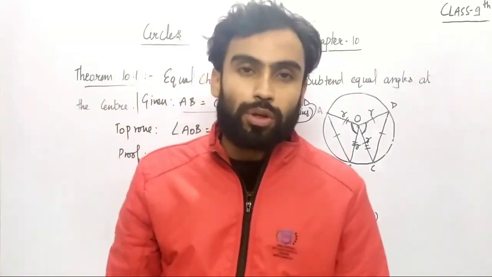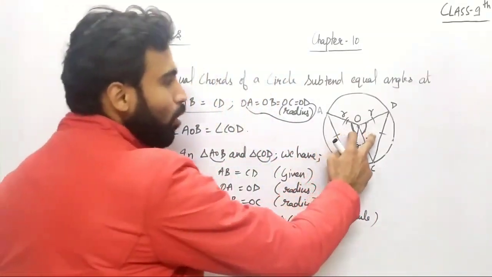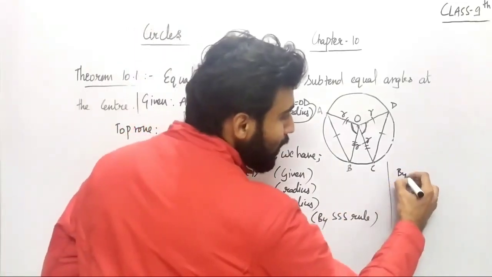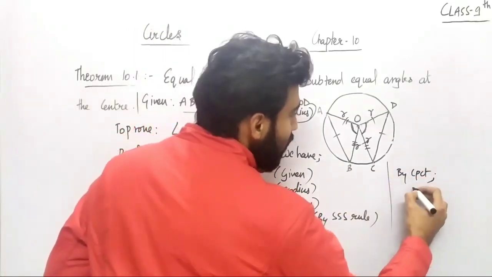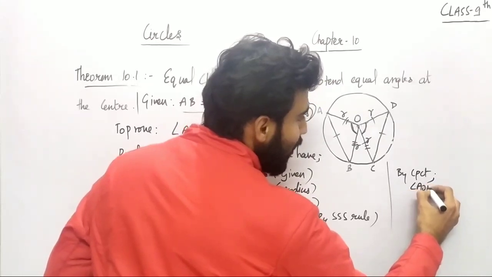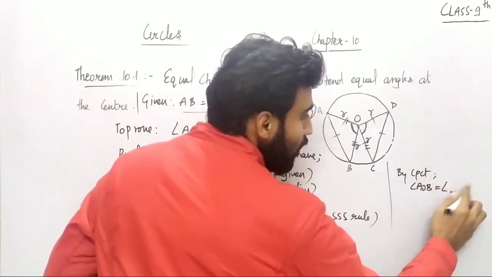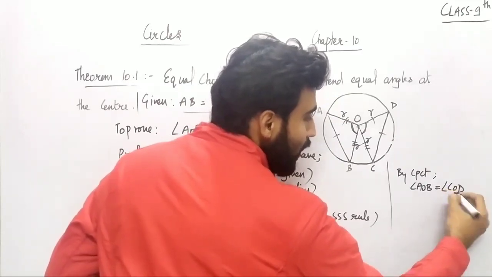Getting my point? Now that we have proved these two triangles congruent, simply by CPCT we can say that angle AOB is equal to angle COD, right?